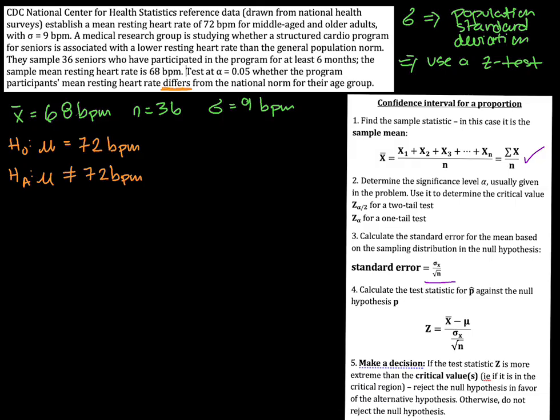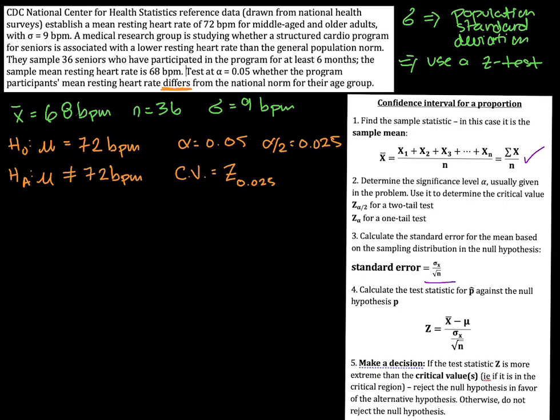And so with the same alpha equals 0.05, we have the same alpha over 2 equals 0.025. So we have the same critical values, which are z of 0.025.